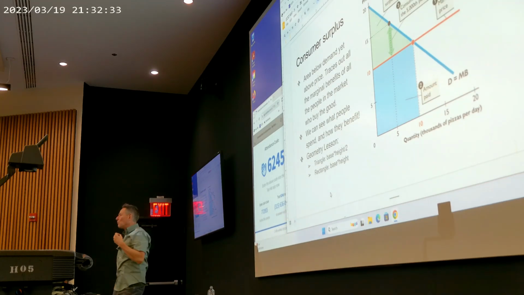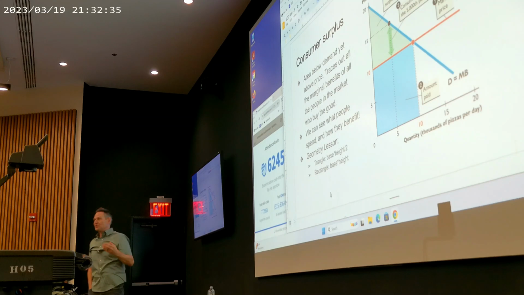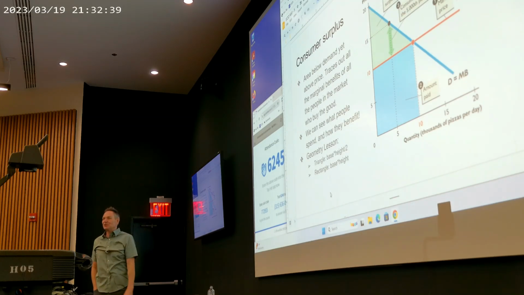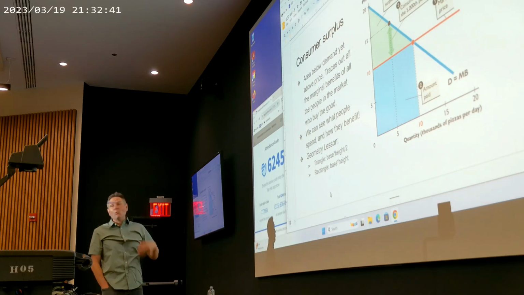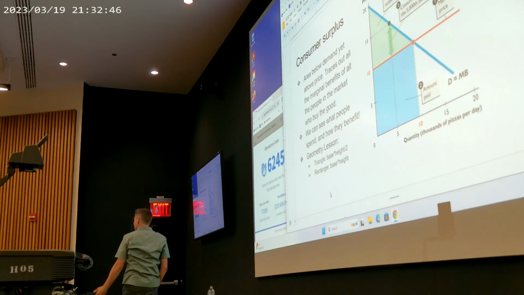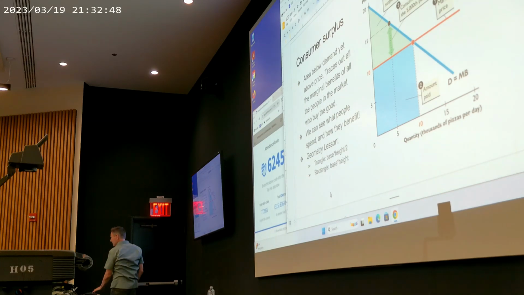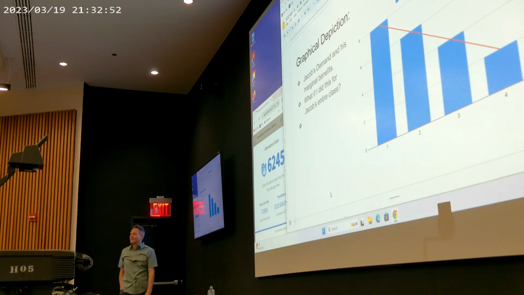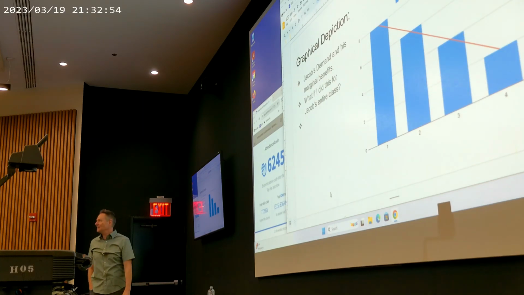So, by the way, this could be the same person buying multiple pizzas. It could be across the population. But one of the reasons why we introduced this law of diminishing marginal utility, or the idea that marginal benefits are falling, is that if they weren't, none of this would make sense, right?